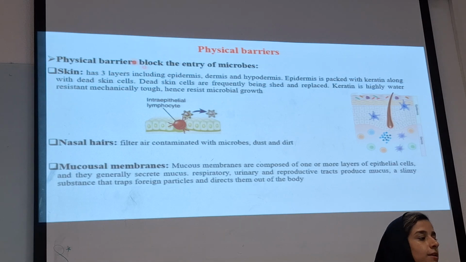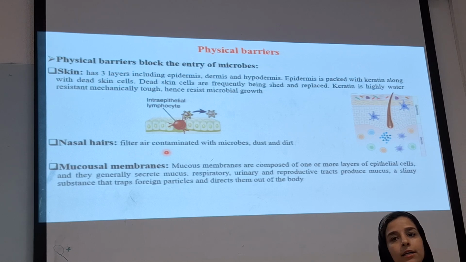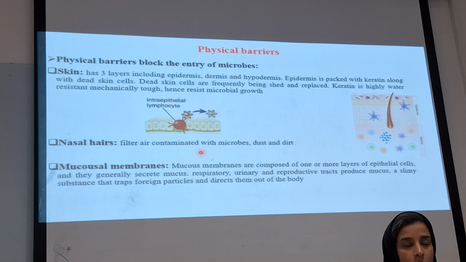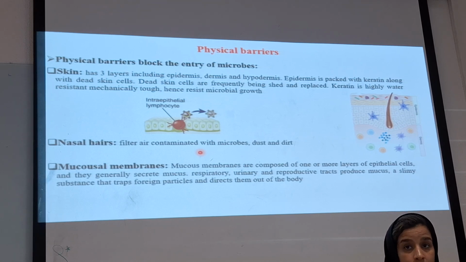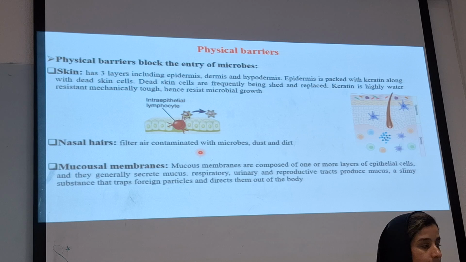So skin is very, very important for protecting us. And nasal hair is also beneficial for us because it filters the dust, dirt, microbes, and pathogens in the air, and blocks them from entering our respiratory system.